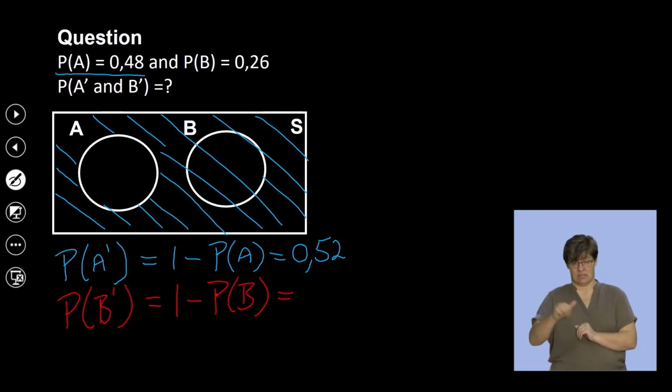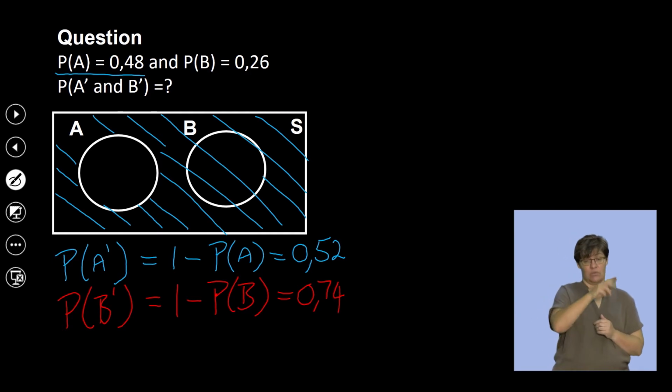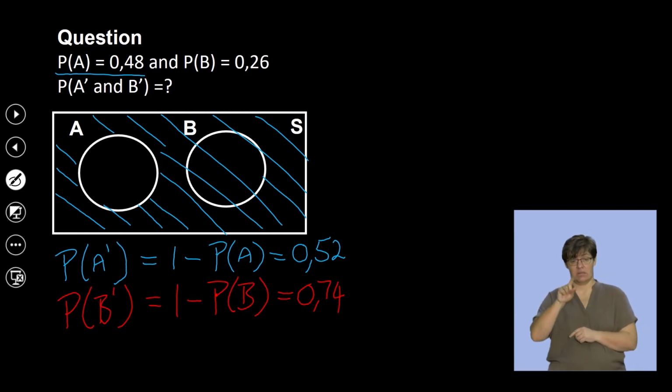That's going to be 0.74. Agree? You recognize that if you add those two together, 0.26 plus 0.74, you're going to get 1. And that's the test to make sure that you've got it right.